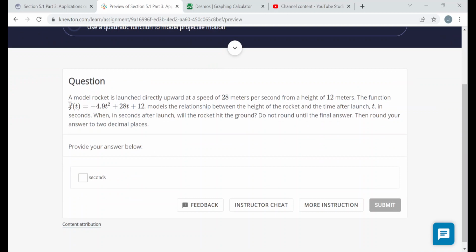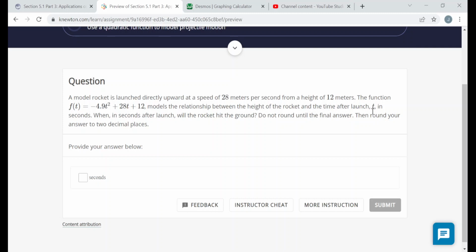So here, a model rocket is launched directly upward at a speed of 28 meters per second from a height of 12 meters. The function f of t equals negative 4.9 times t squared plus 28t plus 12 models the relationship between the height of the rocket and the time after launch.